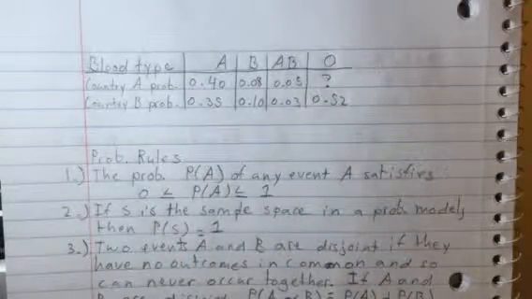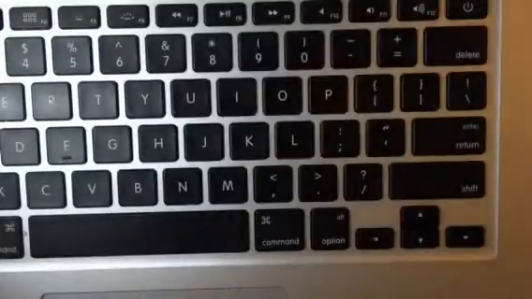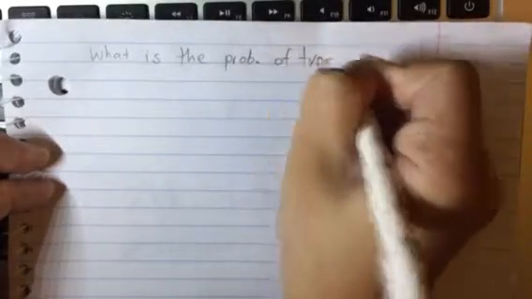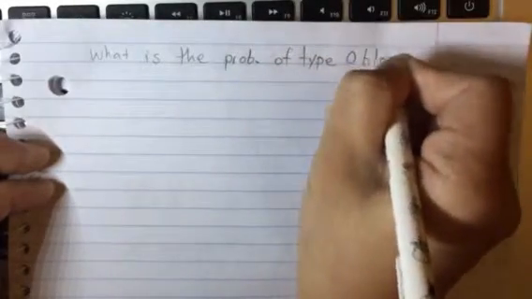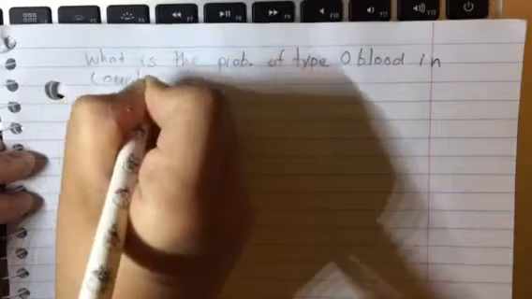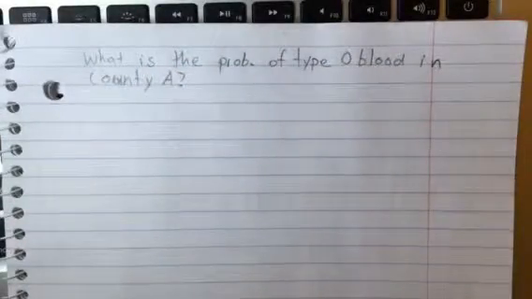I'll write it down: what is the probability of type O blood in country A?